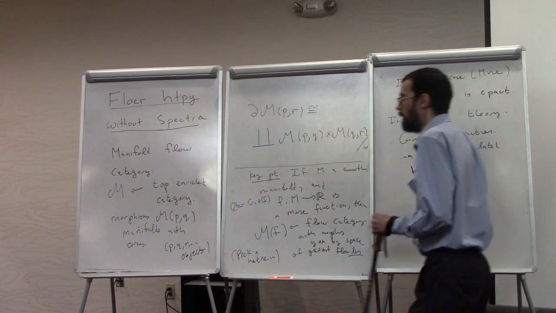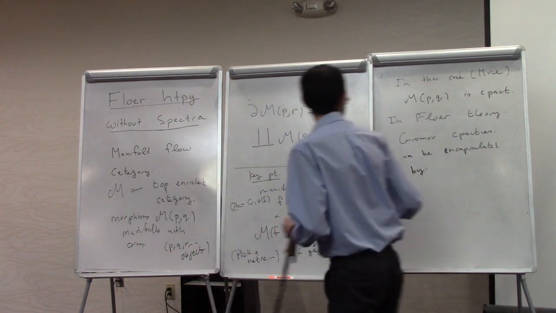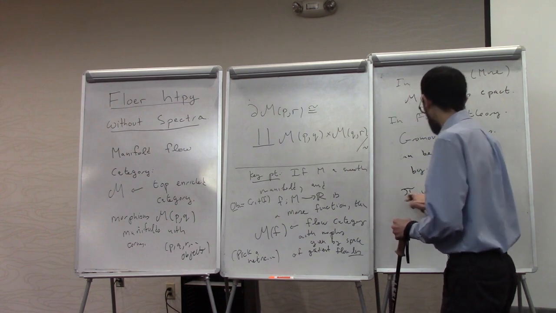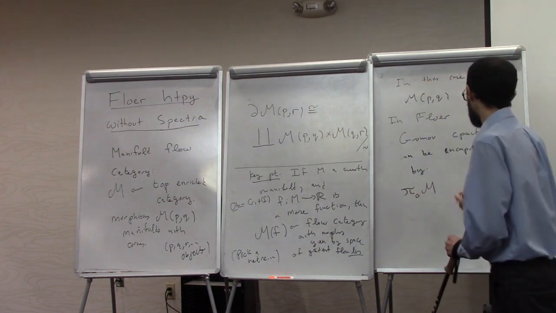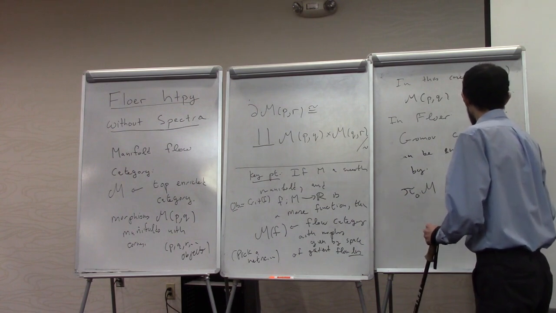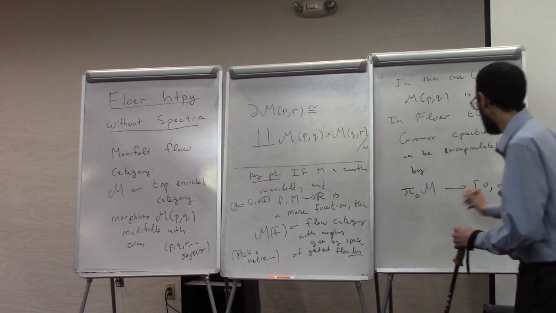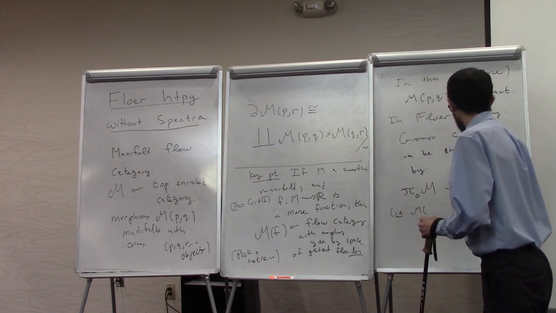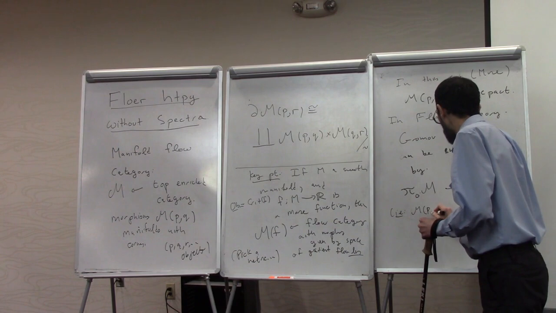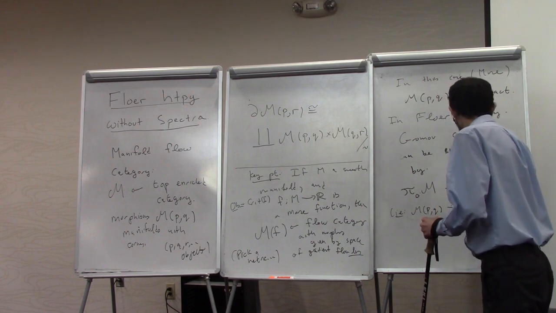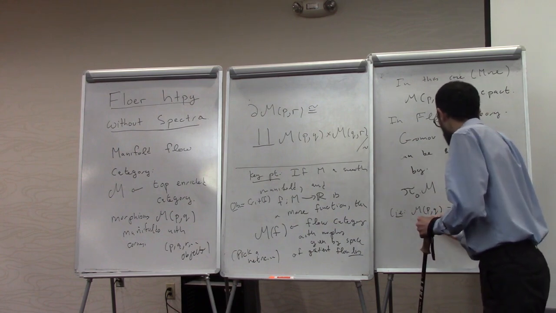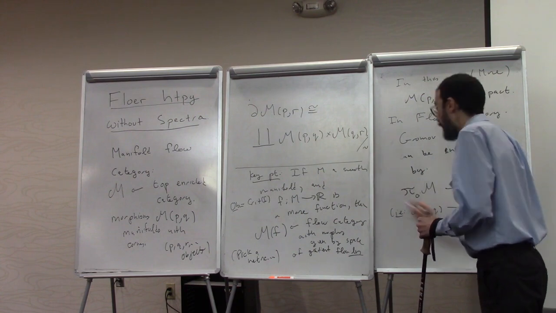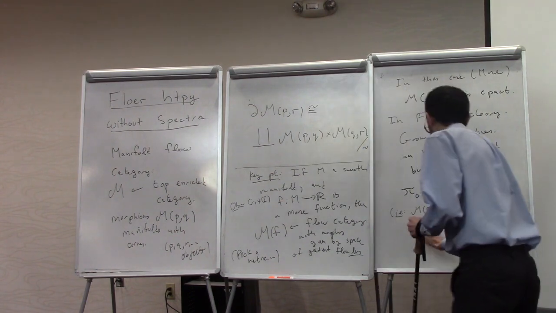By, let me say it like this: a functor from pi 0 of the components of this to 0 to infinity. And by that I mean, i.e., you have a map from MPQ to 0 to infinity, which is constant on components, and compatible with composition.